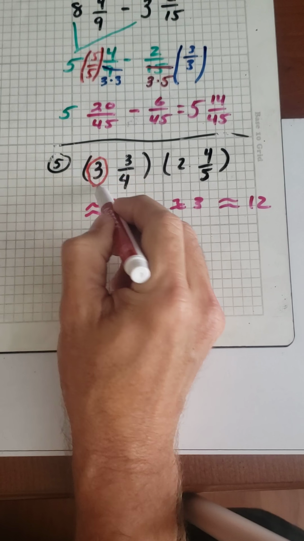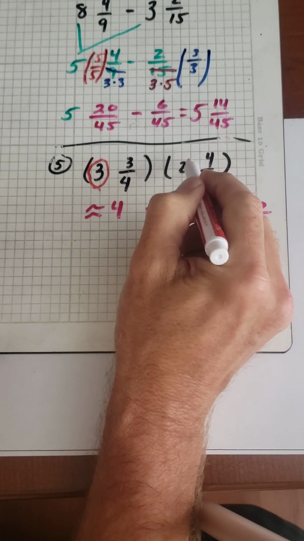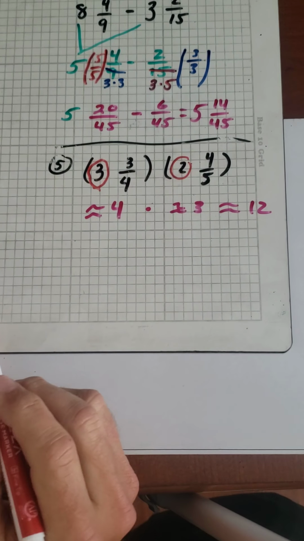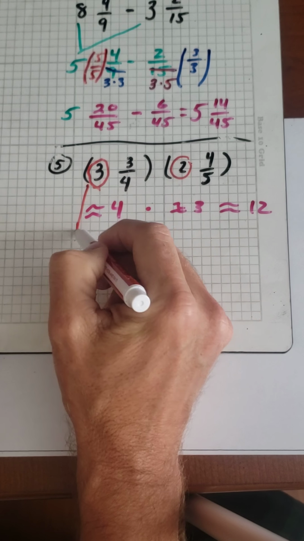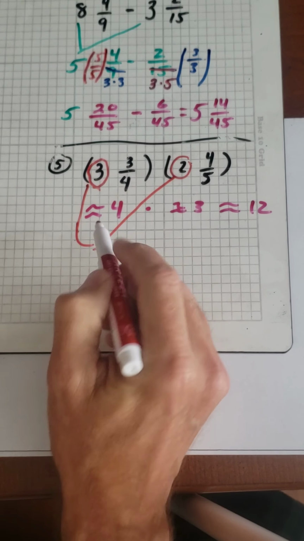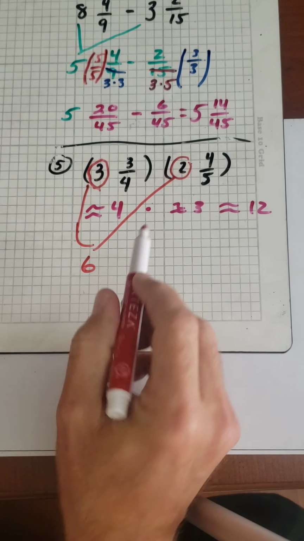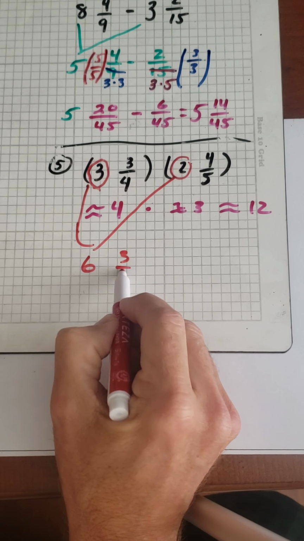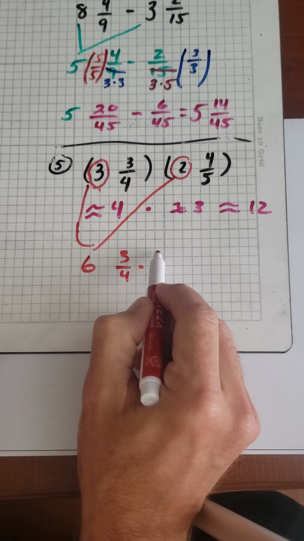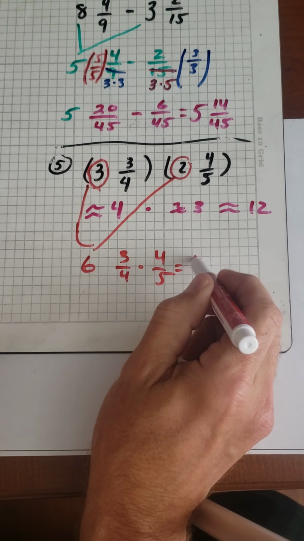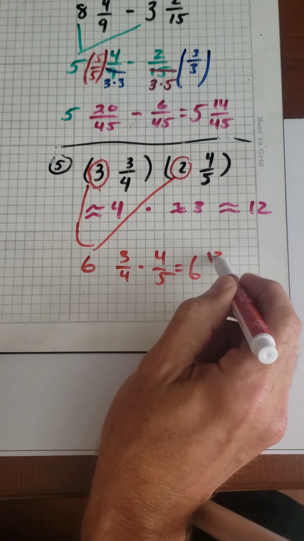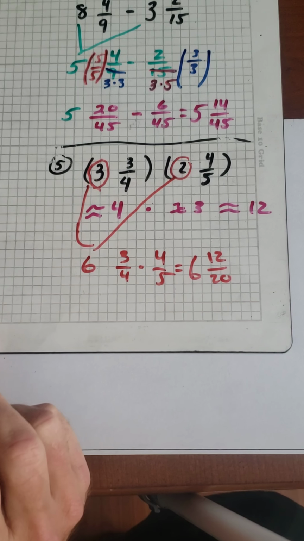I say, okay, I'm going to multiply 3 times 2, which equals 6. And then all I have to do is 3/4 times 4/5, and I can say that's going to be 6 and 12/20.